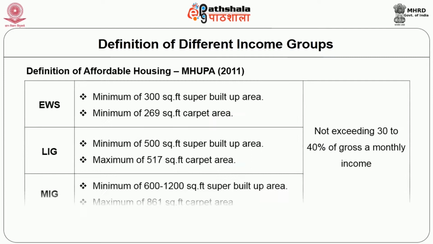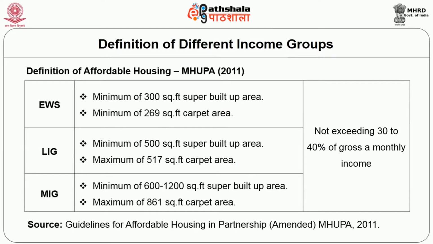Next, the same definition for the different income groups is given by MHUPA. Based on that, the EWS group has a minimum of 300 square feet super built up area, minimum of 269 square feet carpet area, and for LIG groups a minimum of 500 square feet super built up area and maximum of 517 square feet carpet area.